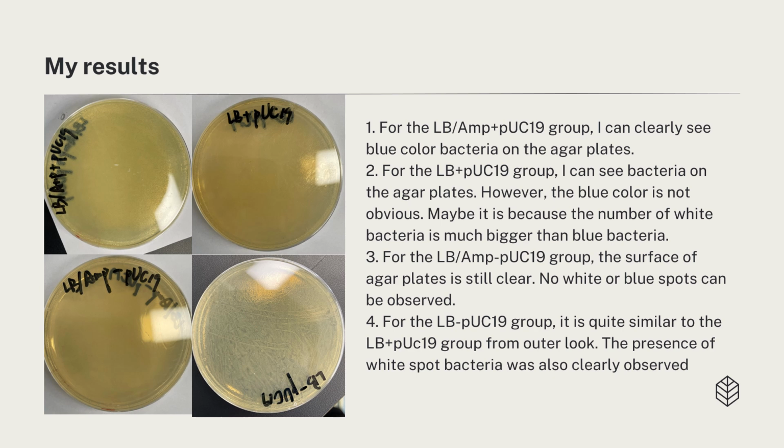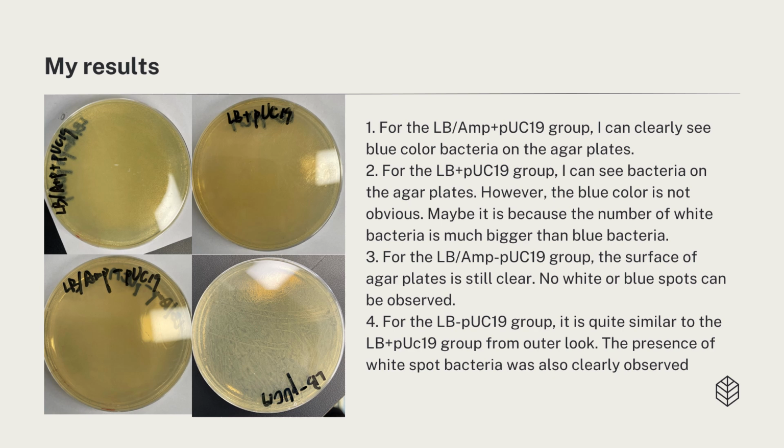For the LB plus pUC19 group, I can see bacteria on the agar plates. I expected to see some blue colonies, however, it's not obvious. Maybe it is because the number of the white bacteria is much bigger than the blue bacteria.